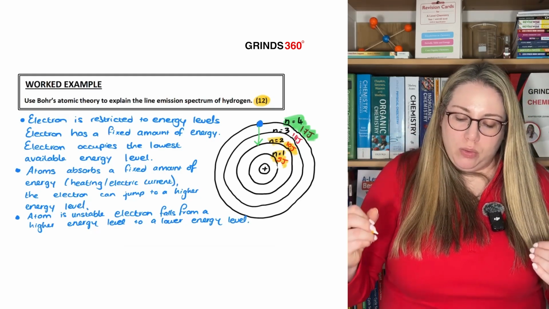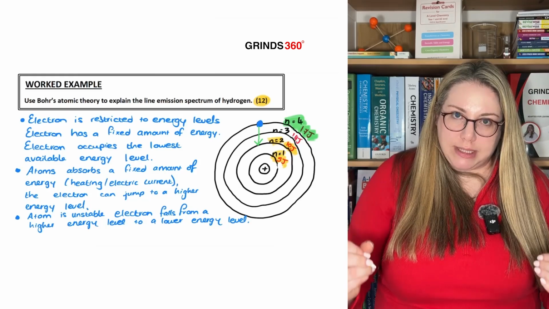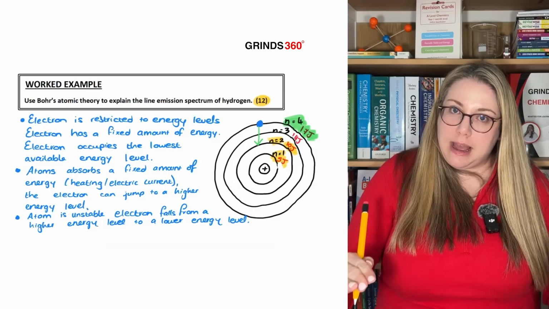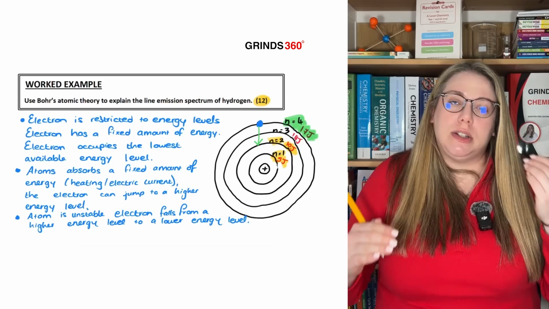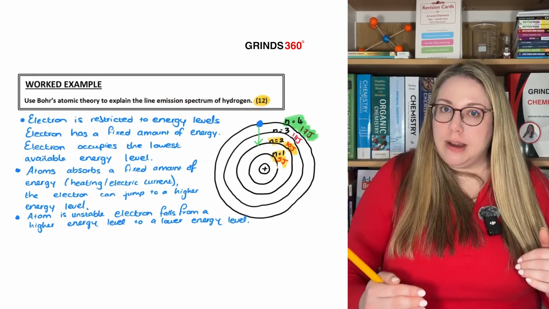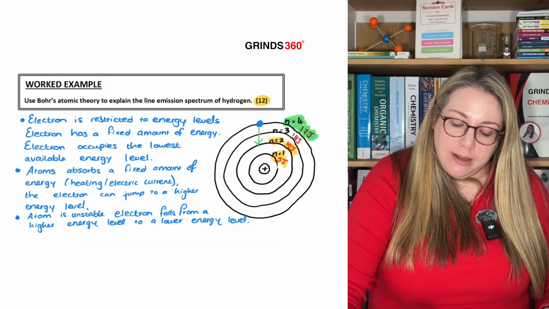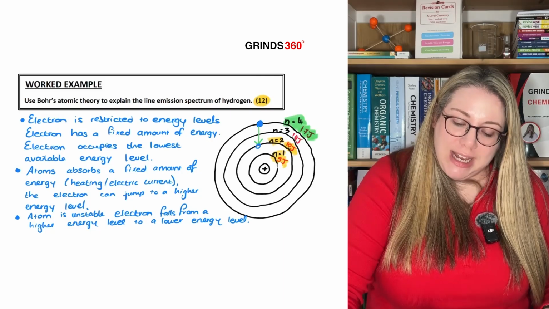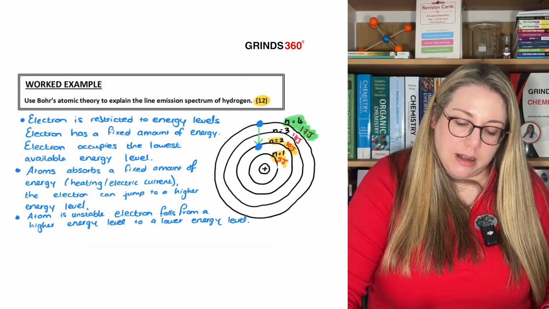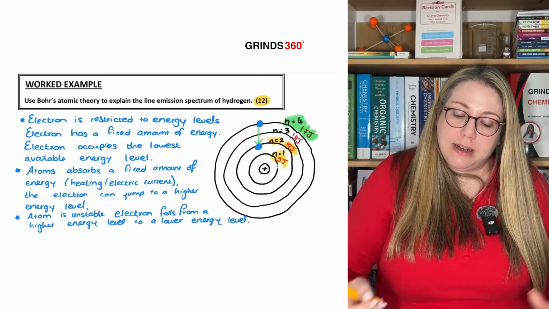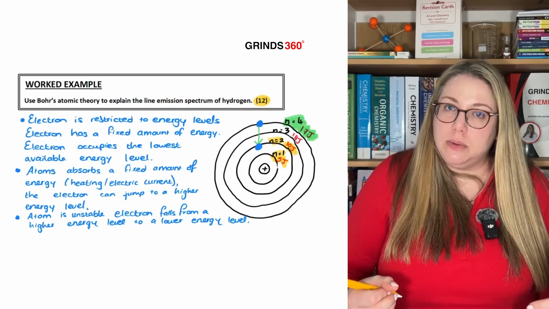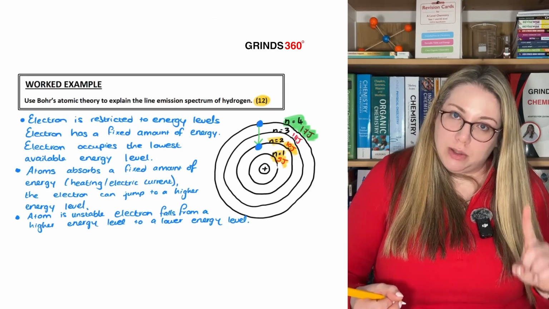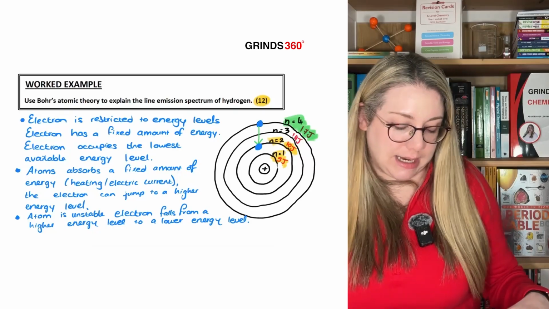Now, don't say ground state here. Get out of that habit. The electron for hydrogen does not have to fall back to the ground state. And according to what I have shown in that diagram, it actually hasn't gone to the ground state because your electron is in n is equal to 2. That's not the ground state energy level. So be careful. It's still technically an excited state.